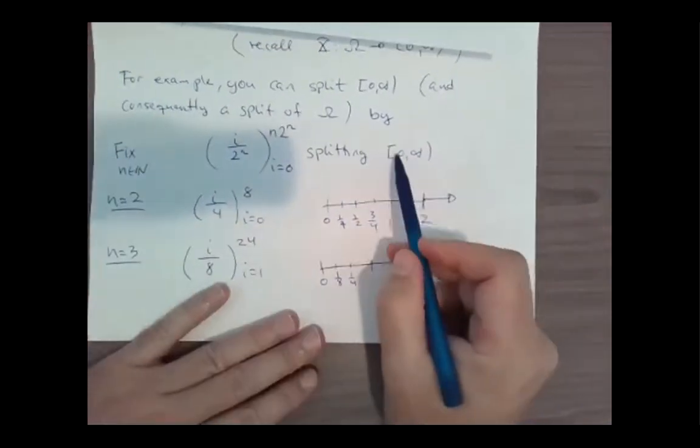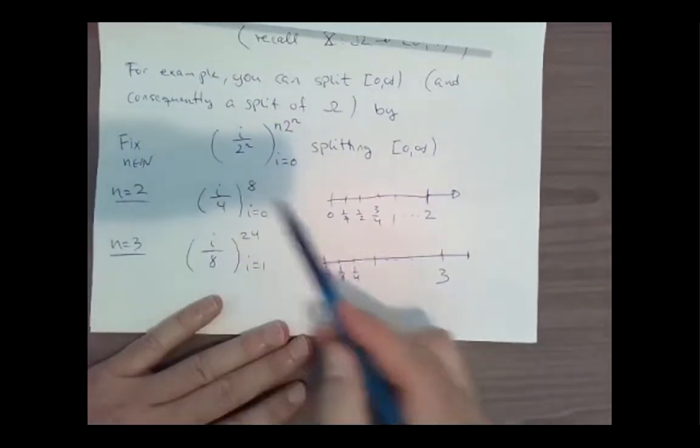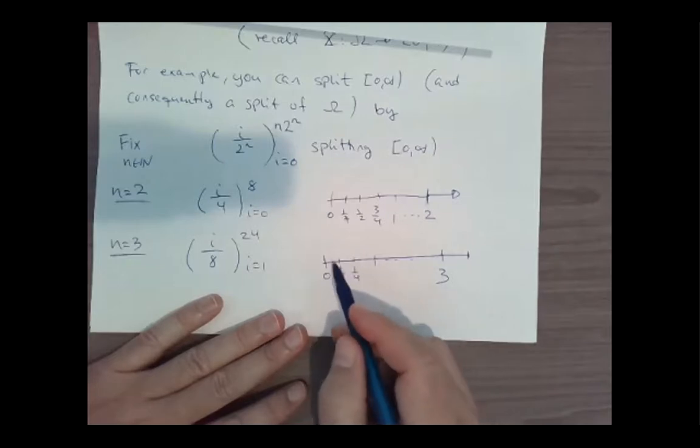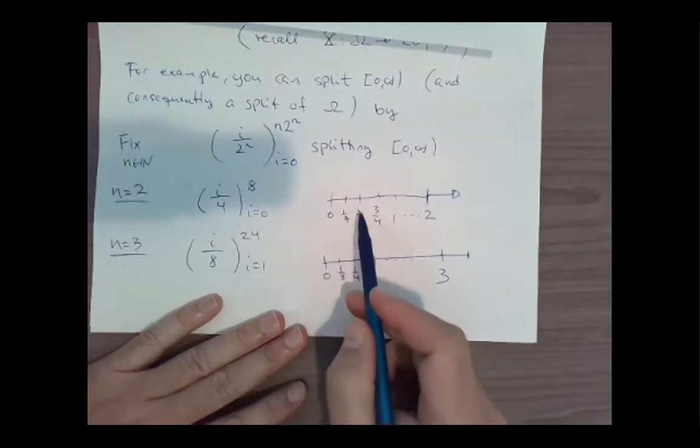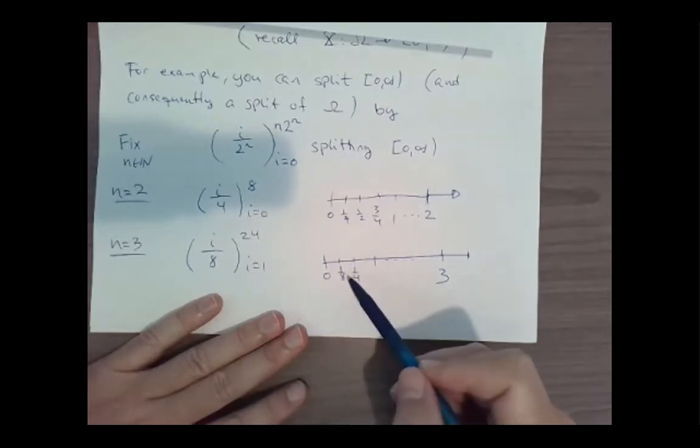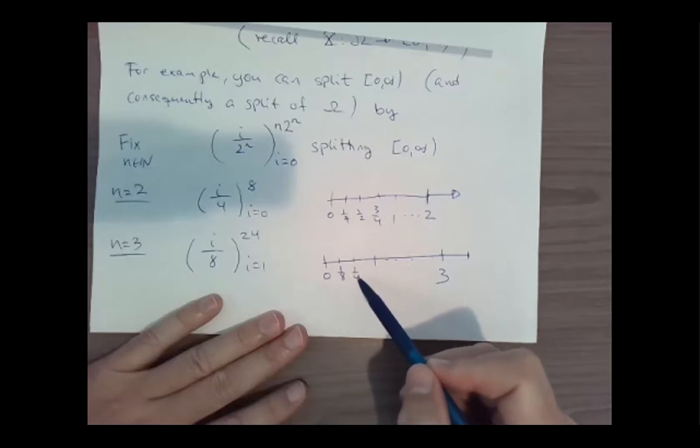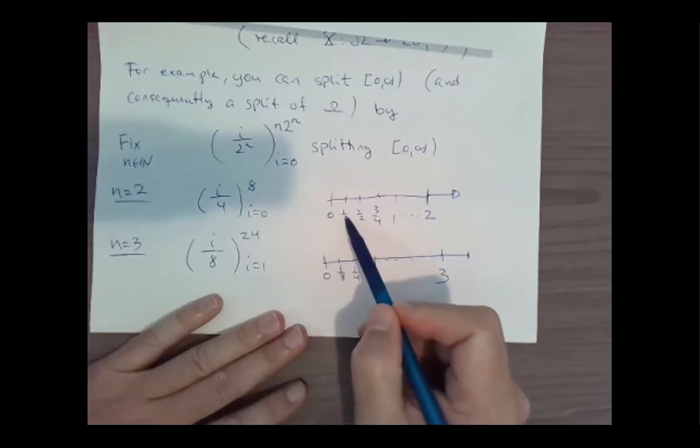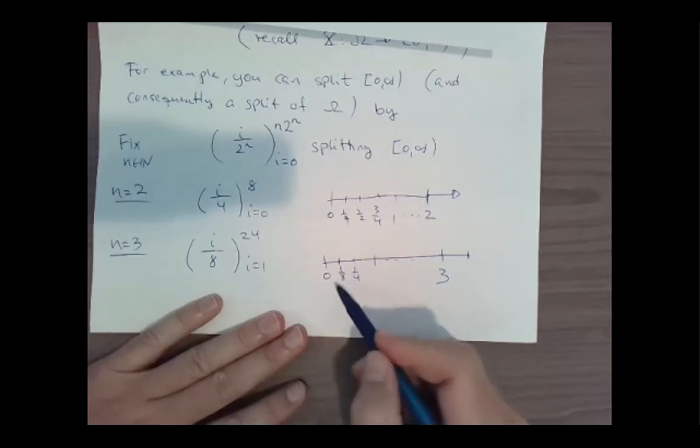So what is happening is that as n gets bigger and bigger, I'm getting a finer and finer mesh, because you see there's an overlap between the points. I have 0, 1/4, and now I got 1 point in between here. This is 1/8.